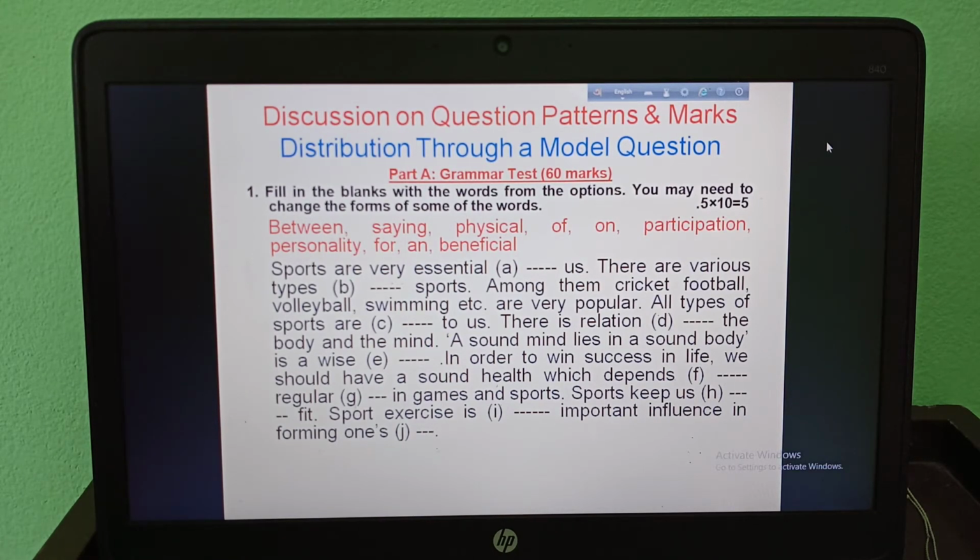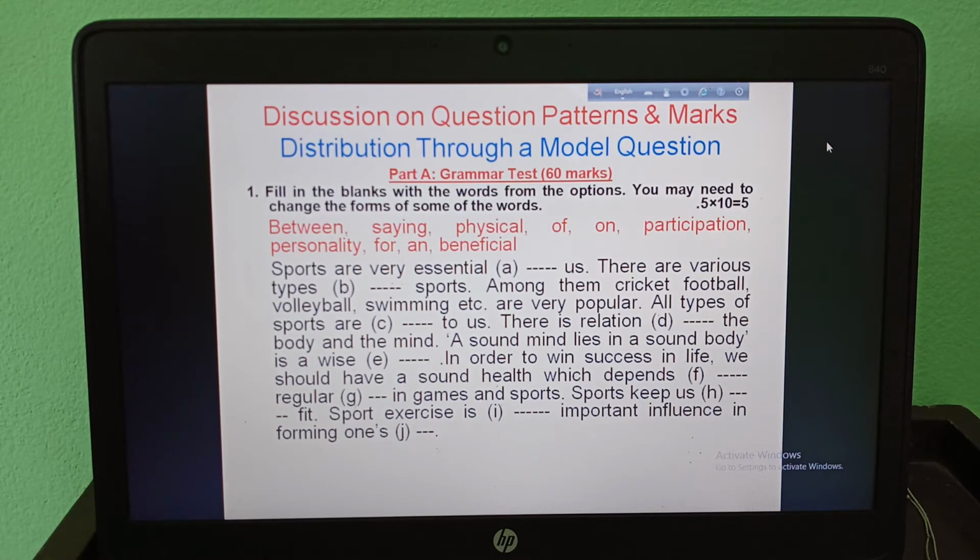Your question pattern is divided into 2 parts based on 2 important skills: one is the reading test based on grammar, and the other is the writing test. The reading test includes grammatical chapters.